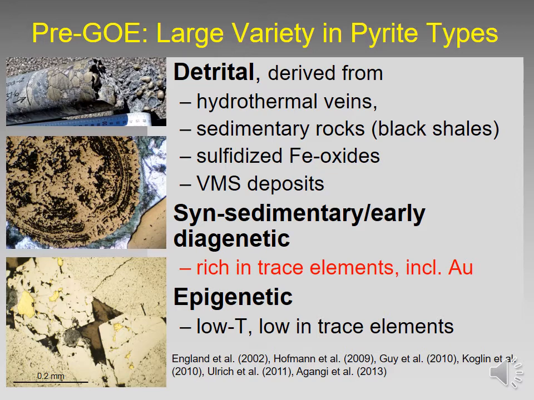And that has been confirmed independently by a number of groups working on different collections of samples from different parts of the world. It's always the same story. So it's this pyrite type that is richest in gold: the synsedimentary, maybe early diagenetic pyrite, the one that grew on the sediment surface or in the sediment.